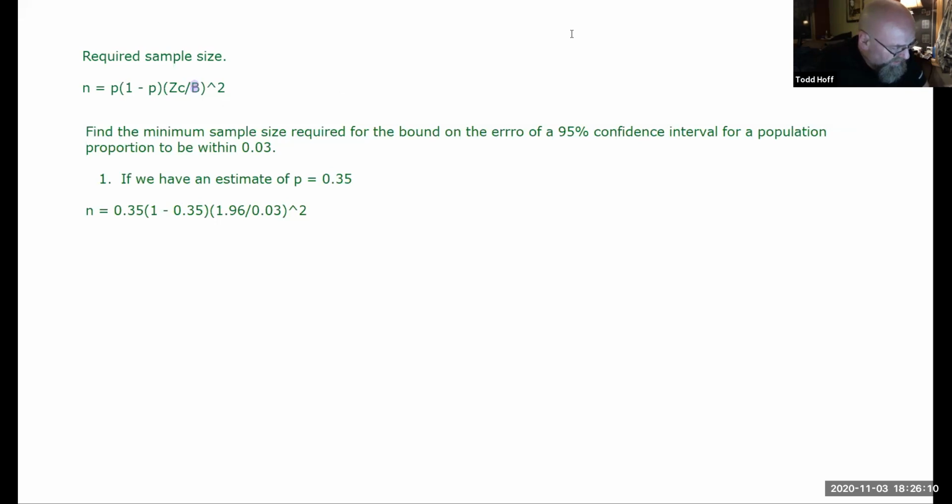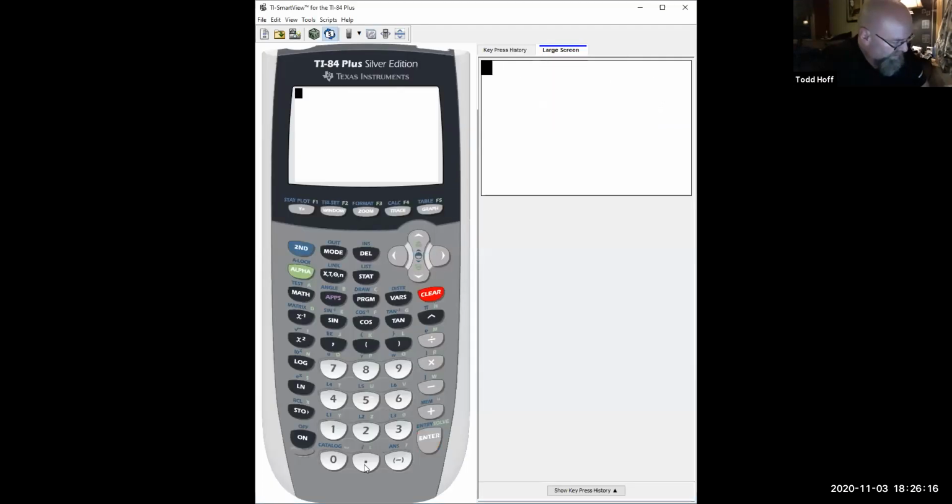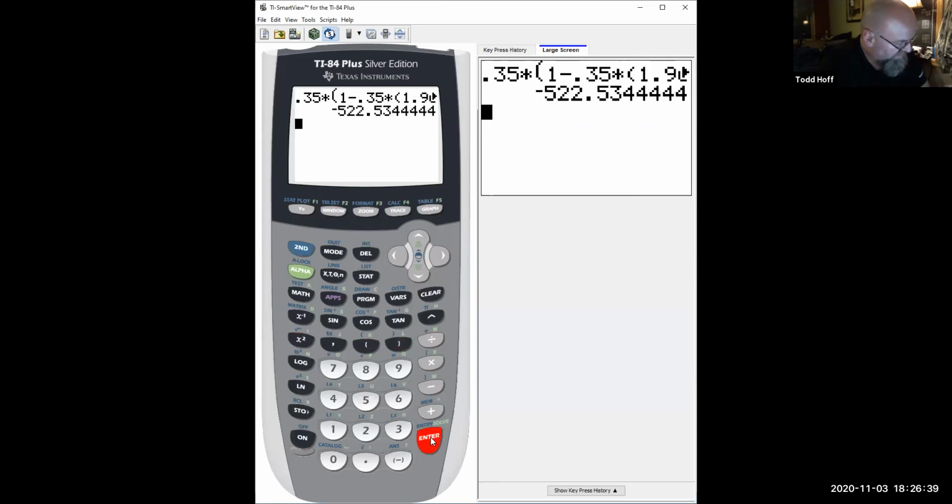So let's do this in the calculator. So 0.35 times 1 minus 0.35 times 1.96 divided by 0.03 squared. We get, something went wrong there.